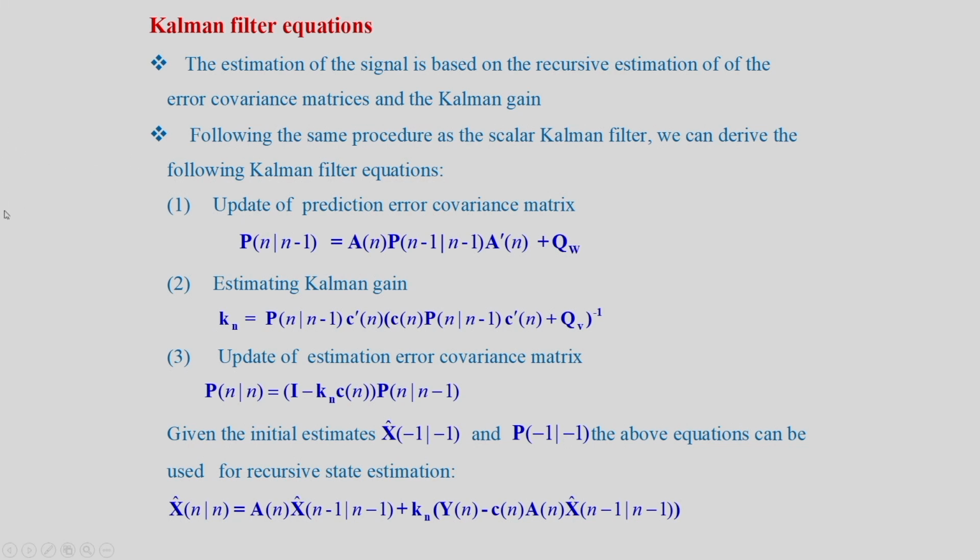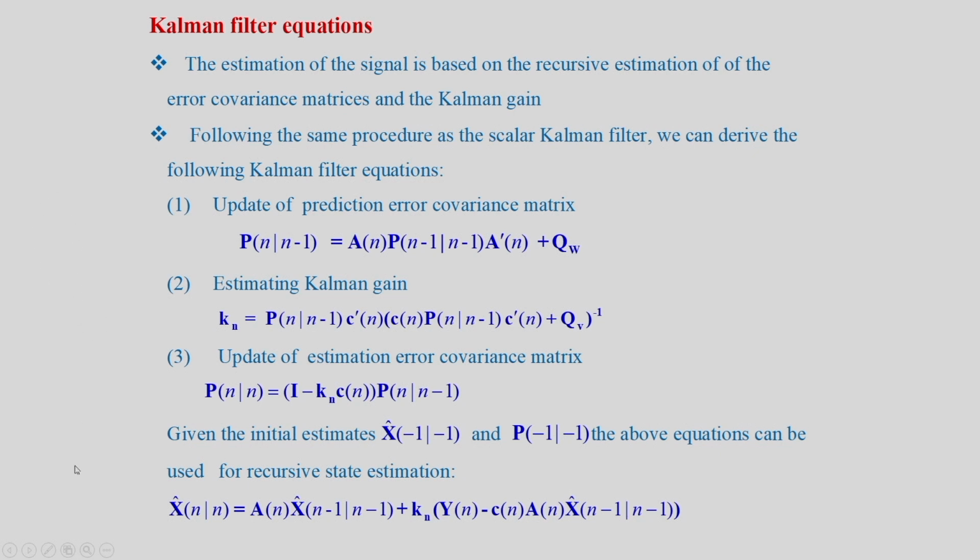So, once we have the Kalman gain, we can update the estimation error covariance. P of n given n is equal to I minus K n into C n, this is the Kalman gain, into C n into P of n given n minus 1. So, given the prediction error covariance, we can get the estimation error covariance.